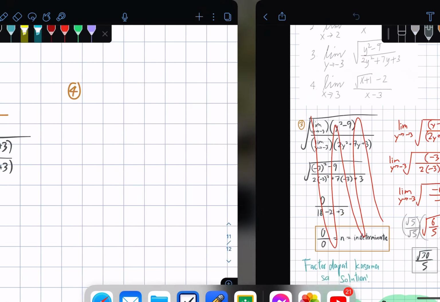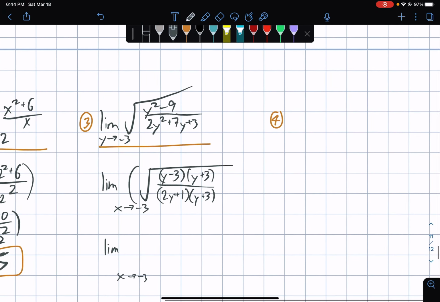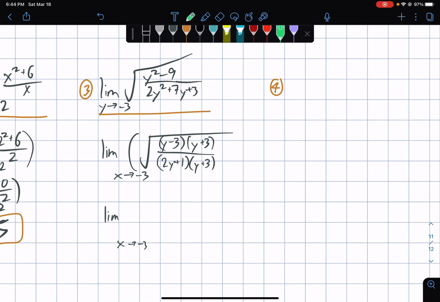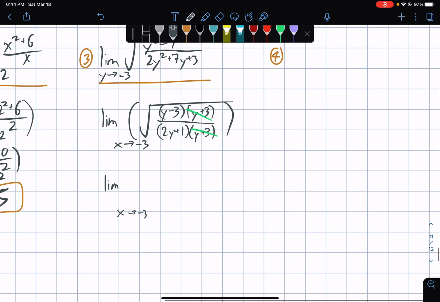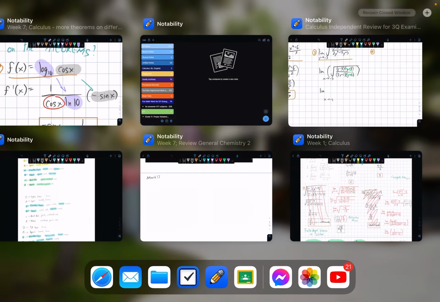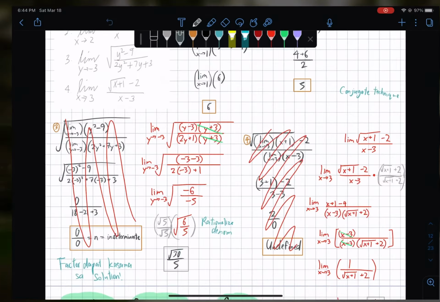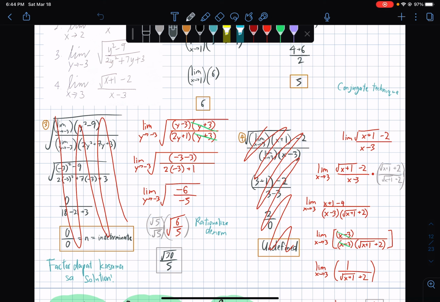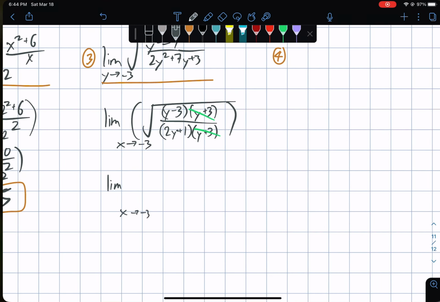Wait, we don't have to apply the conjugate though, because simply by looking, you can cancel these two. So yeah, I think that's one thing you could note. You don't have to apply conjugate if this is the situation. You could just cancel. Let's see what happens next. Okay, we can substitute values.